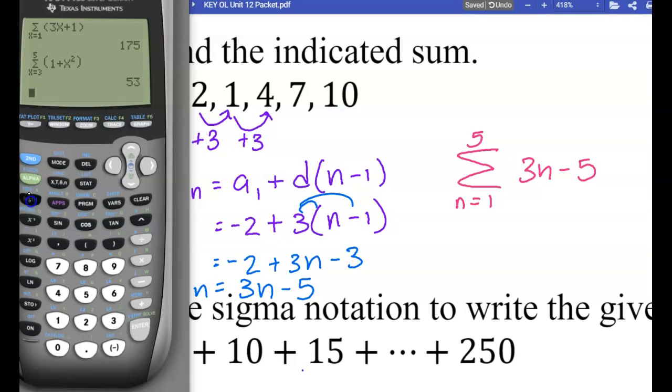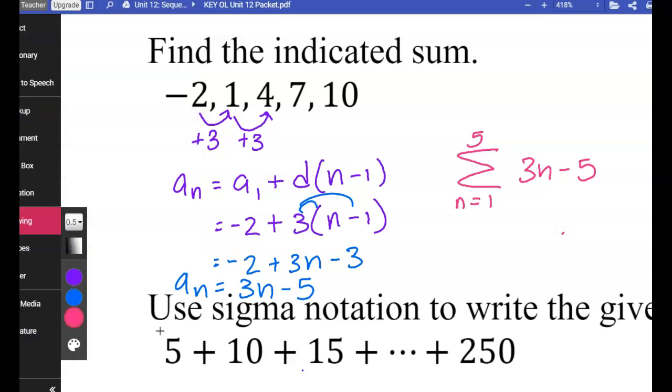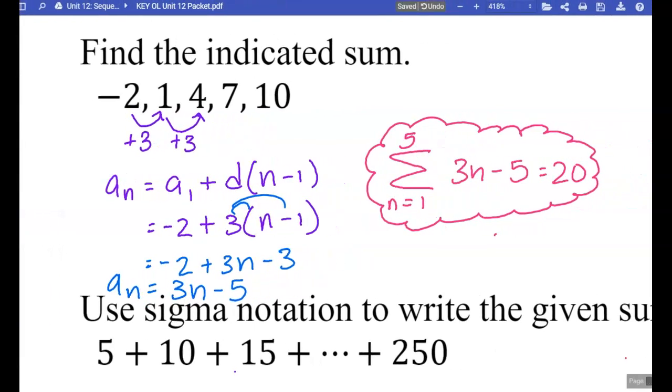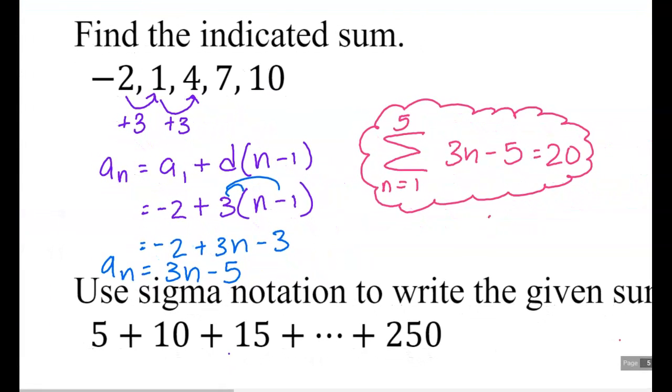So we have 1 to 5, 3n minus 5. Now we get 20. Any questions on that one?